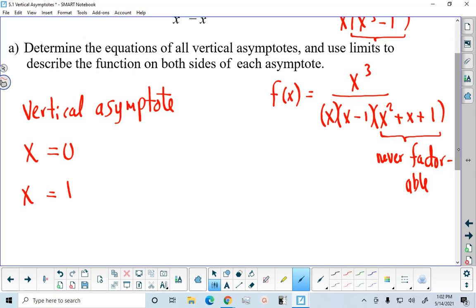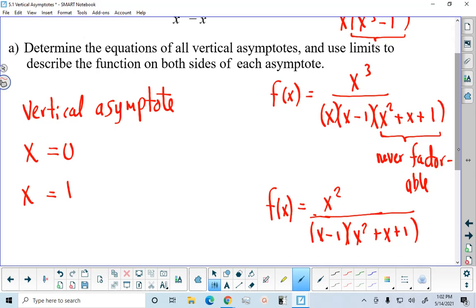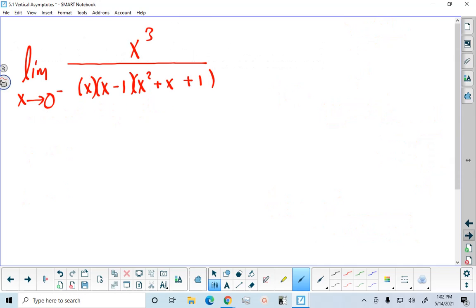So this thing simplifies to f of x equals x squared over x minus 1, x squared plus x plus 1. And that dawned on me because I was just getting ready to say to determine the value of this limit, we have to simplify it. But we should have simplified it first so that we can identify the asymptotes.